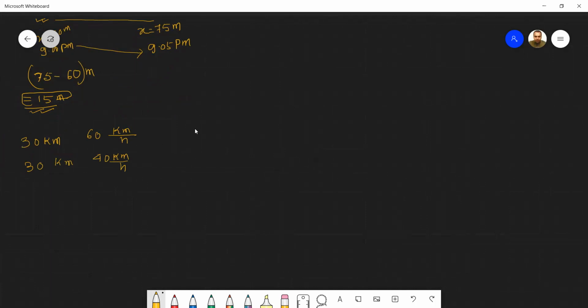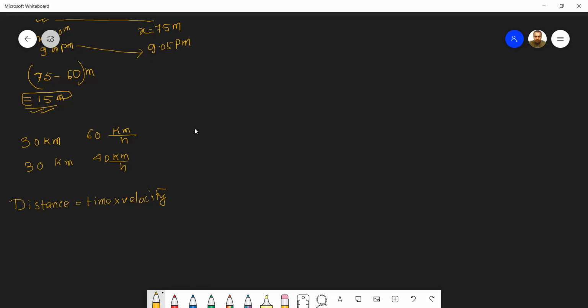So we have to calculate the total time. So again, what is time? In this question, we have to use the concept that distance is equal to time multiplied by velocity or speed.